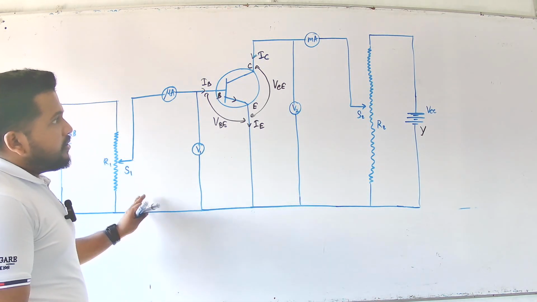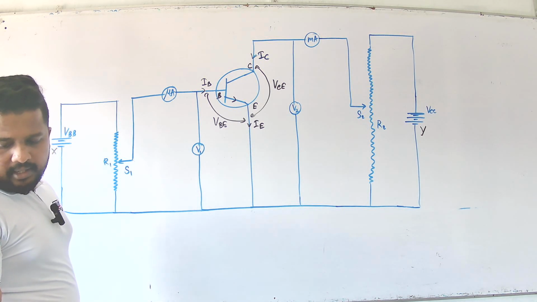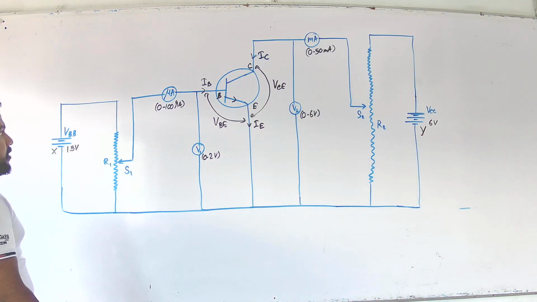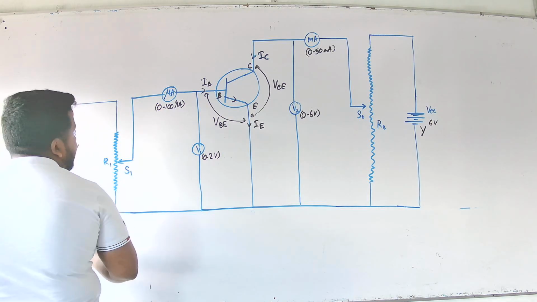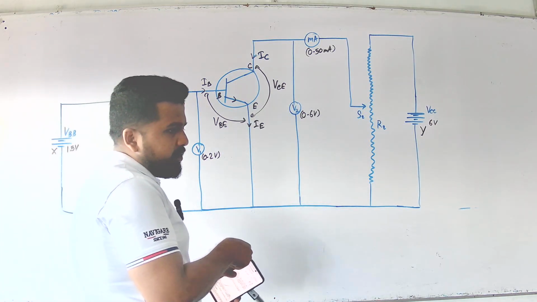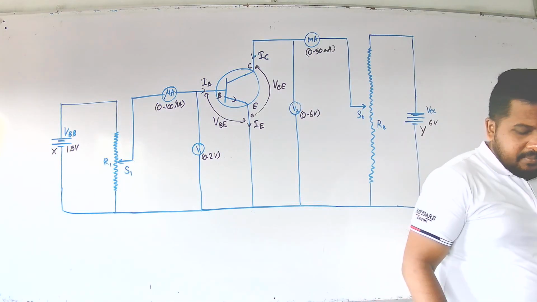I normally use currently 0 to 100 microamperes. The use of this one is measuring the IB.